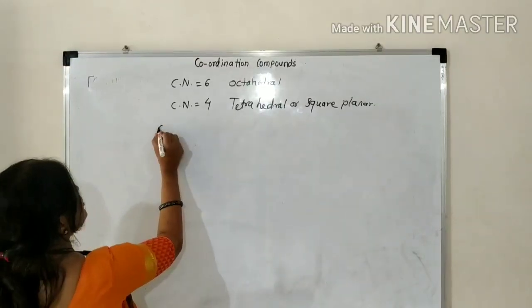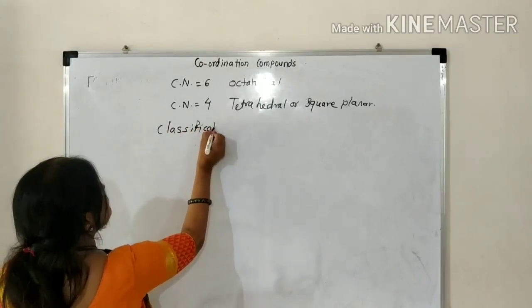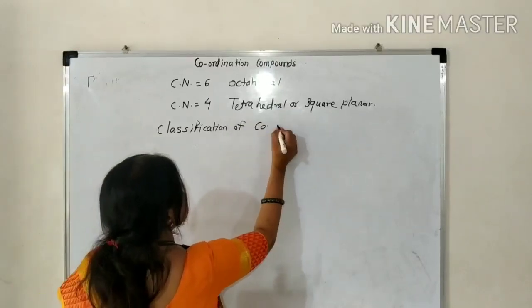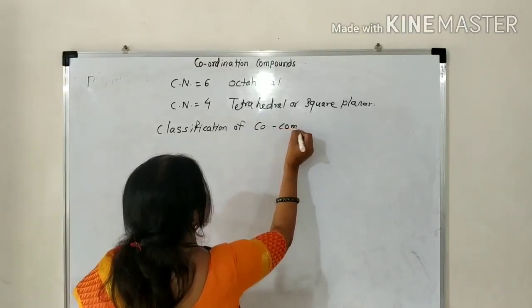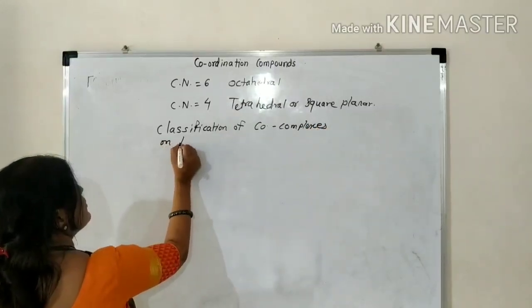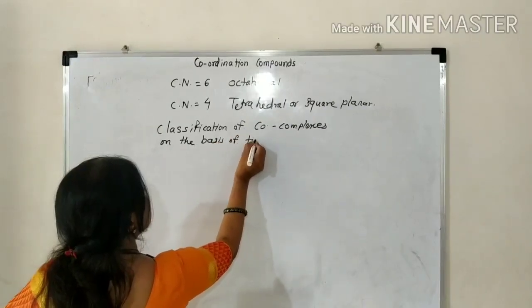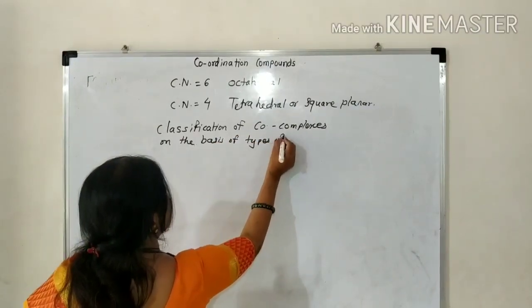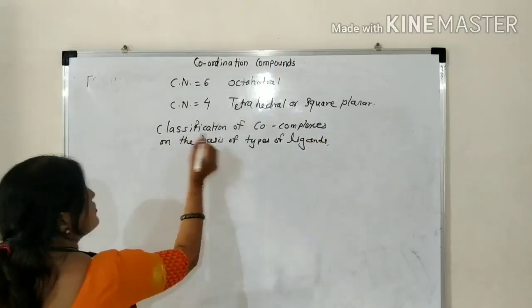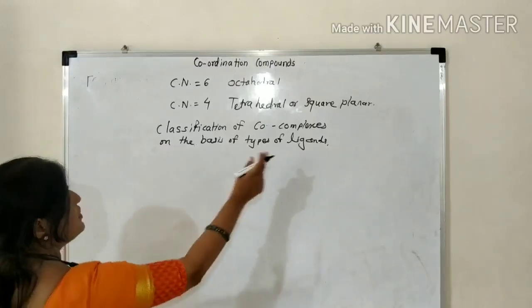Coordination complexes are classified into two types on the basis of types of ligands.